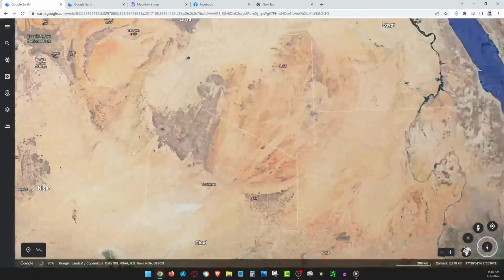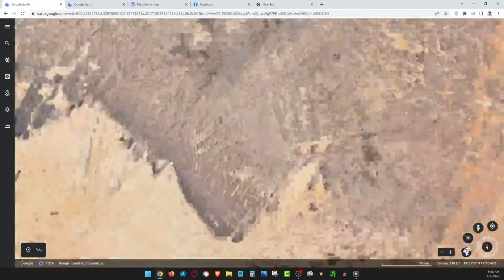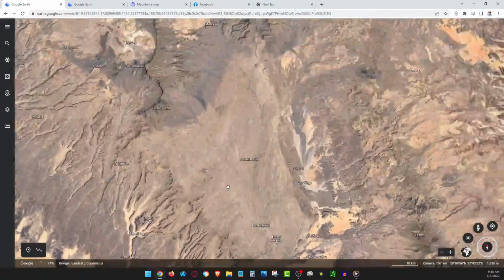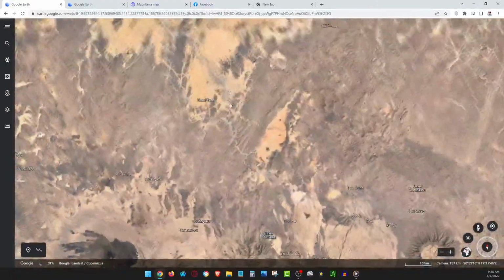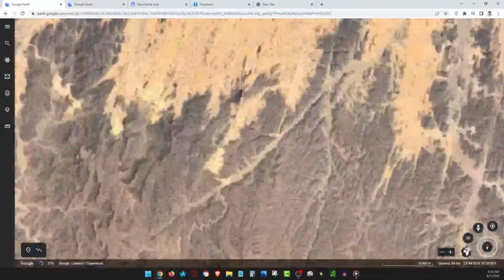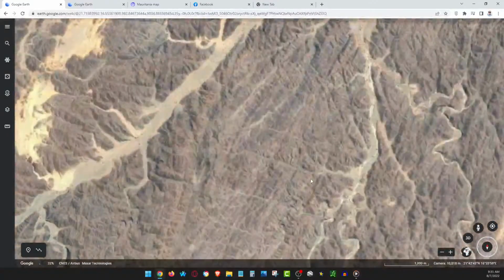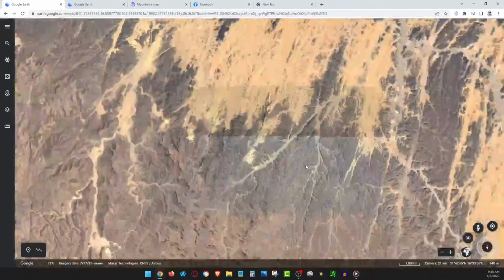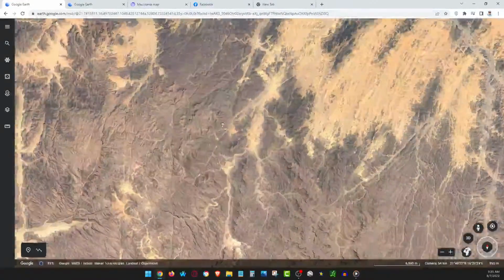It's been worked. When you go in here, I saw this, but what I didn't realize is that it's been worked everywhere. There's some stuff way up here in the Tibesti Mountains. You can just zoom in and find parallel lines with 45-degree cross-hatching. Or sometimes it's not 45.